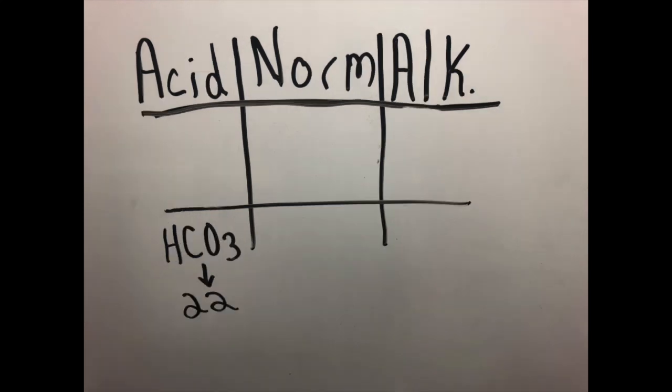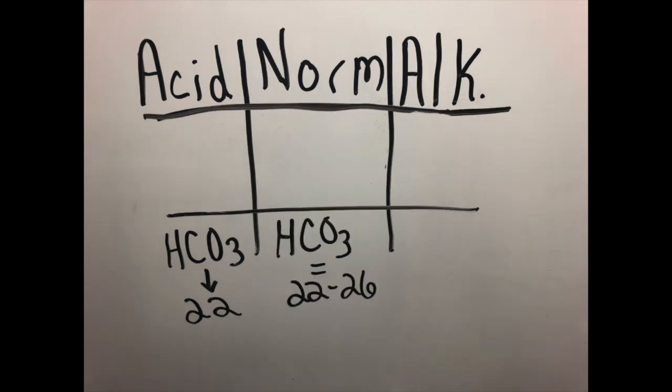So when our HCO3 is less than 22, that is the amount of bicarb we have in our system, that is our base. If it is less than 22, we are in acidosis, and it would be metabolic acidosis, or our kidneys are compensating for our respiratory problem.